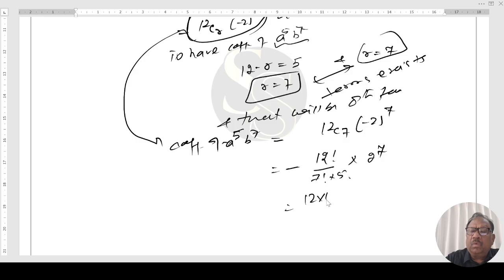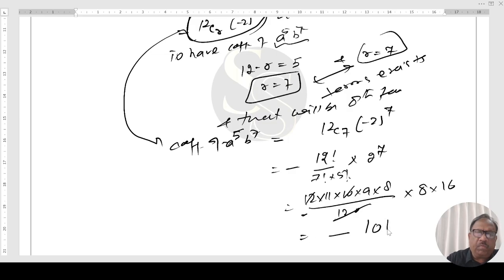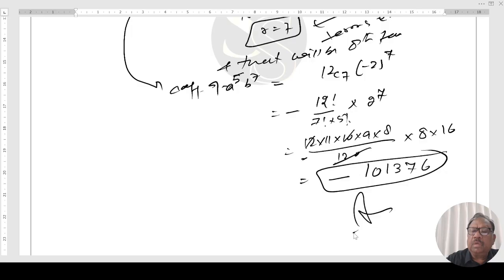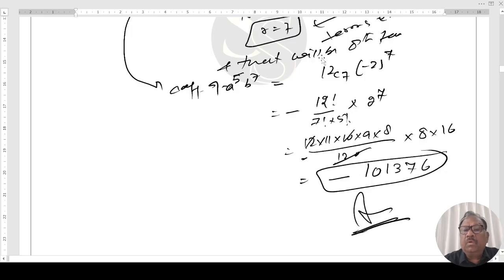That is 12 into 11 into 10 into 9 into 8, the 7 factorial cancels, 5 factorial is 120, this 120 goes into 8 into 2. So simplify this. On simplification we will get minus 101376. That is the answer.